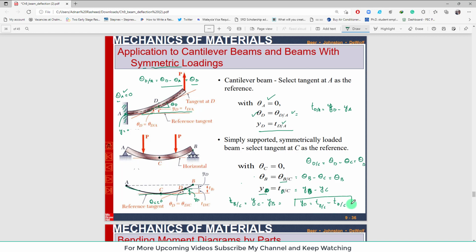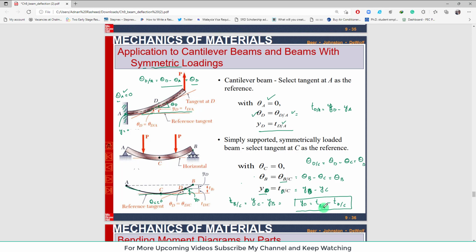So the tangential deviation of point B with respect to point C minus the tangential deviation of point D with respect to point C gives you this YD. I hope it is clear to you now.